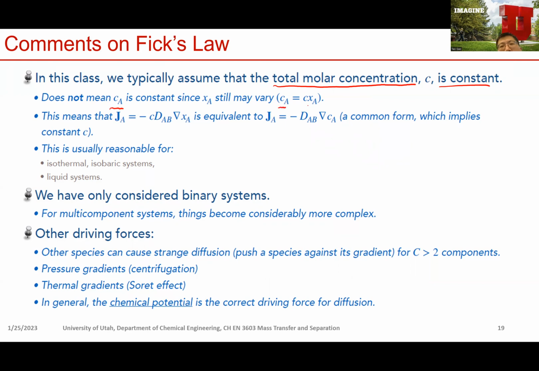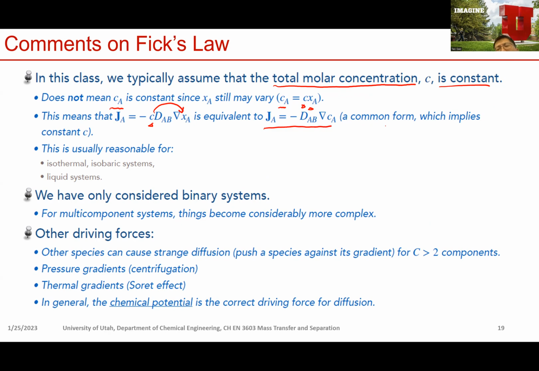Because C_A is C multiplied by the mole fraction of A, and the mole fraction of A can still be a variable throughout the control volume we are studying. But with C being constant, it does not depend on space. That allows us to plug C into the gradient operator, which converts this equation to that, right?